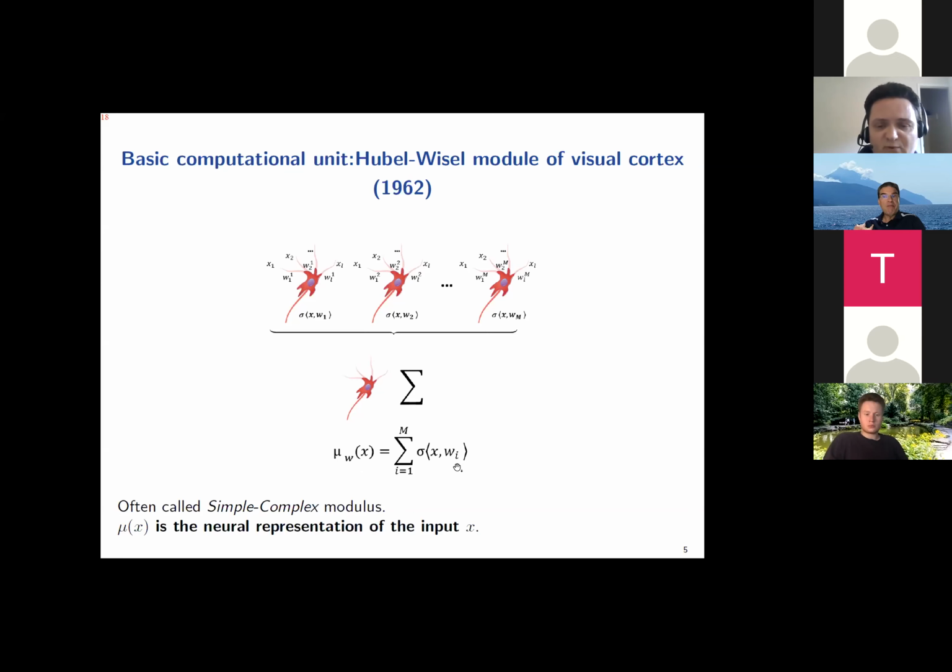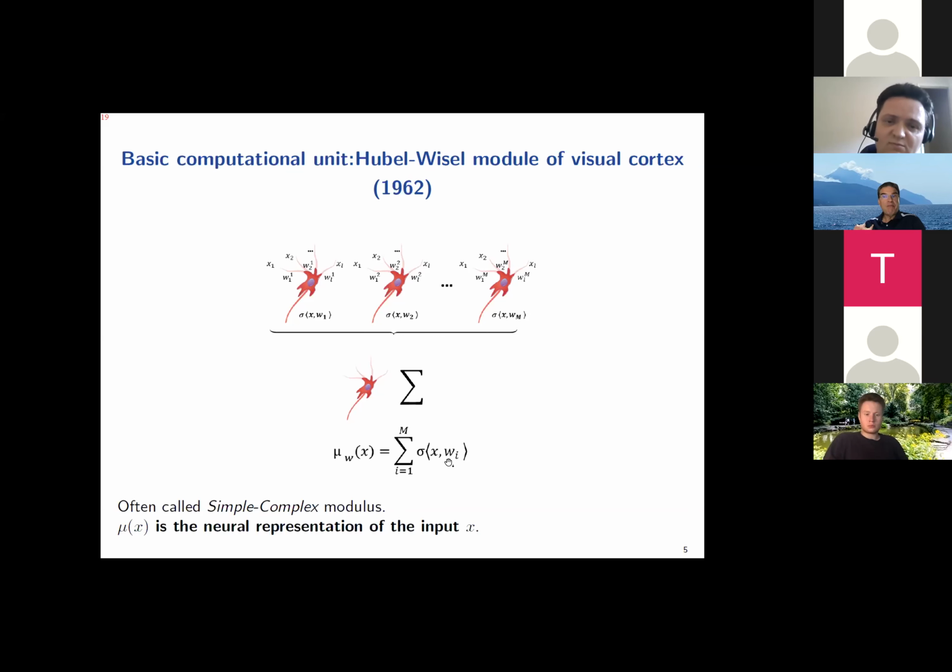And what I'm going to prove is that this neural signature of object or input x is going to be invariant and equivariant at the level of simple cells and complex cells if I adopt the type of hypothesis that I was mentioning before, and I think as stimuli, augmented stimuli with respect to some groups.